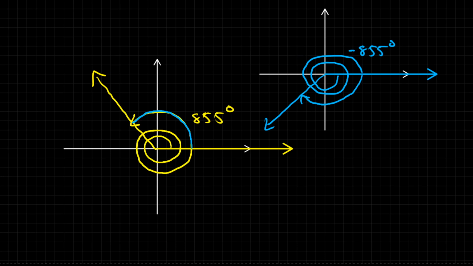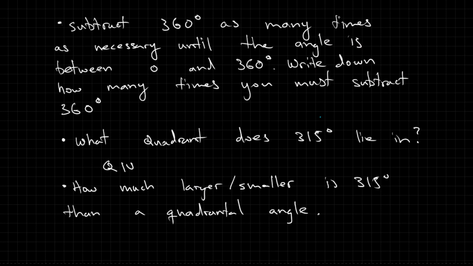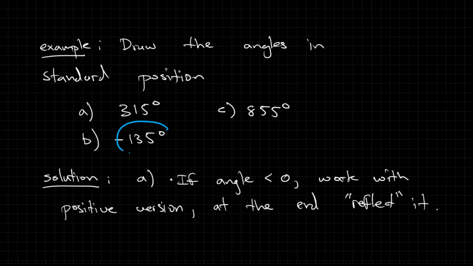Now again, I'll reiterate, there are many different ways to visualize angles, but the way that I think is easiest, especially for angles that are negative or quite large, like negative 135 or 855 degrees, is first, if an angle is less than 0, work with the positive version, and then at the end reflect it. That is, everything you did counterclockwise, do it clockwise.